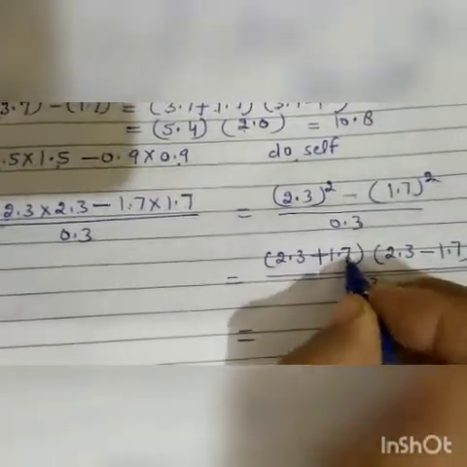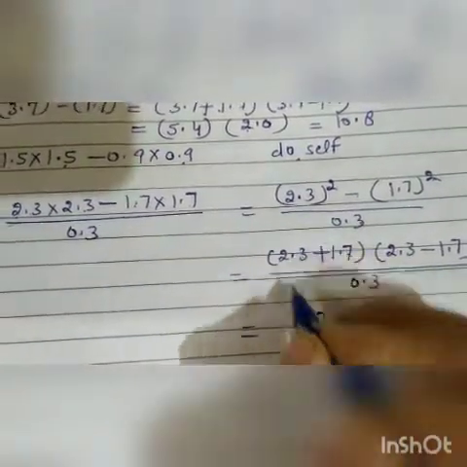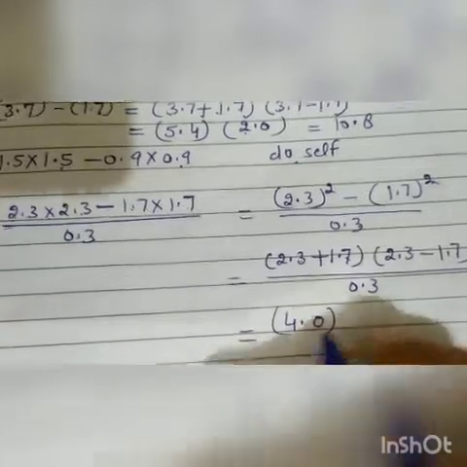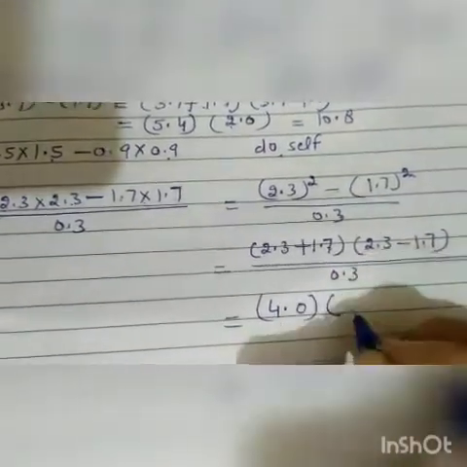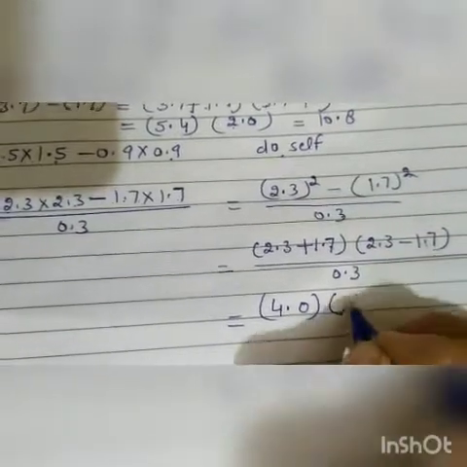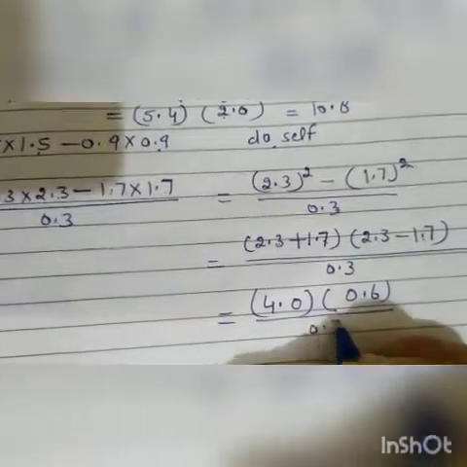Now add these two numbers. 7 and 3 is 10, carry 1. 1 and 1 is 2 and 2 is 4. 4.0, multiply. Subtract 1.7 from 2.3. We will get 13 minus 7 is 6, so 0.6 upon this 0.3.